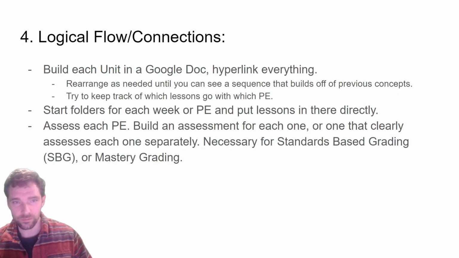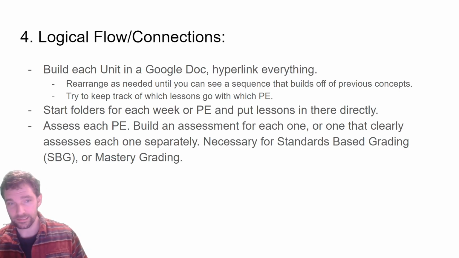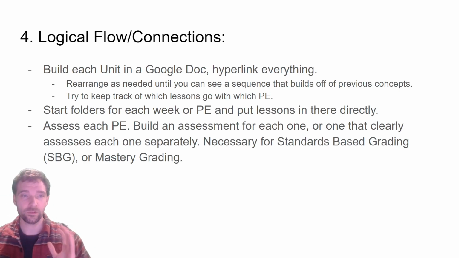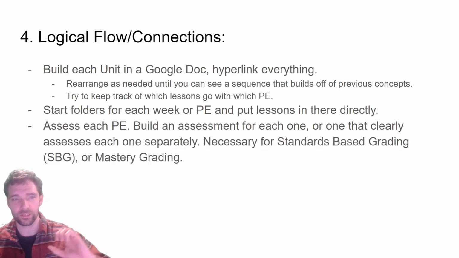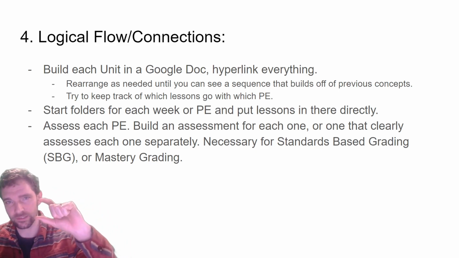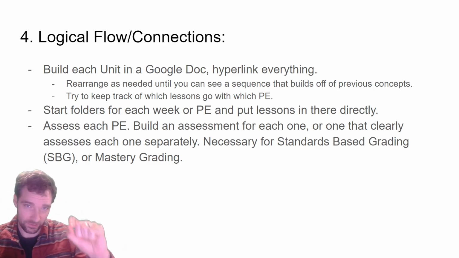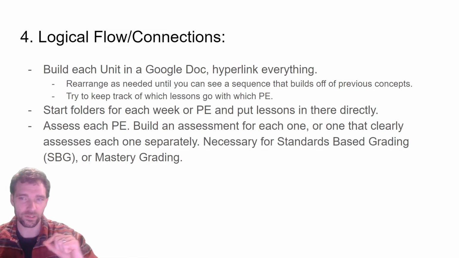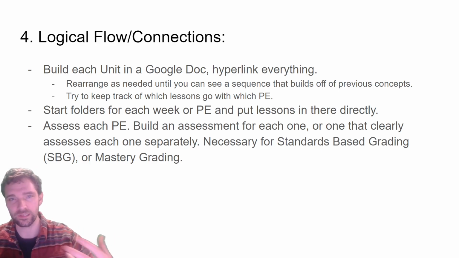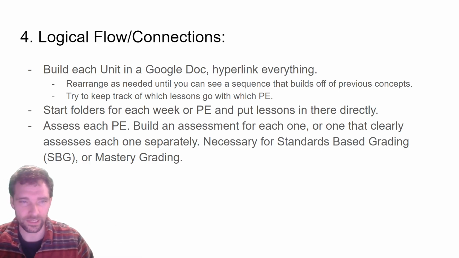So once you have your brainstorm and other people's ideas and you've really looked at this stuff closely, then you can start putting the connected pieces together so you can figure out which performance expectations make sense to do earlier and then what other ones you want to do later and the connections between them. So you can figure out what you're going to talk to students about and how those lessons will help students see those connections.